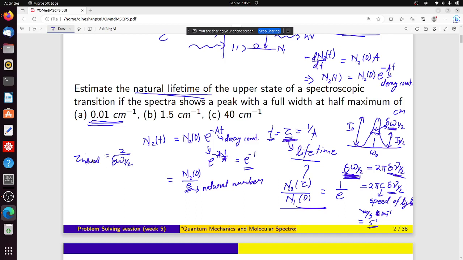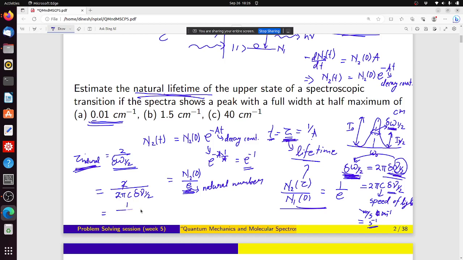Okay, so we need to estimate this lifetime, and we have the knowledge of the line width from this formula. Actually this is given, so from that we have to calculate this, and from that we can calculate the natural lifetime. Okay, so in this time, the number of particles in the excited state decrease by a factor of 1 over e. Okay, so let me apply this formula. This is 2 pi c delta nu half.